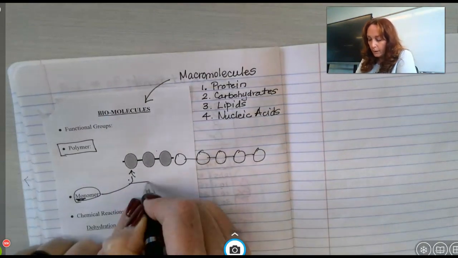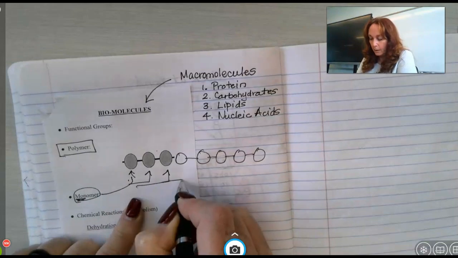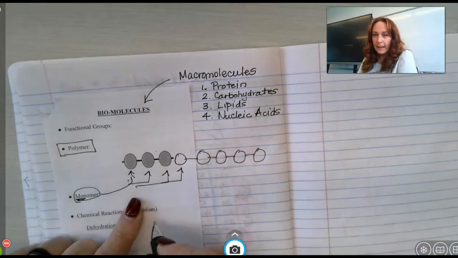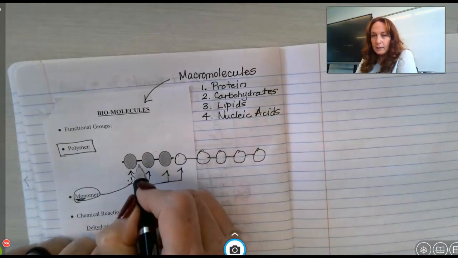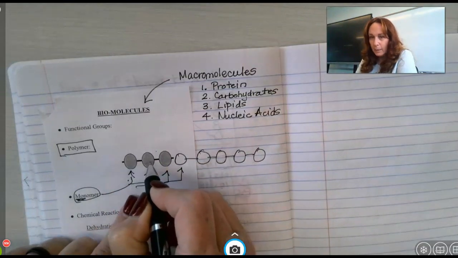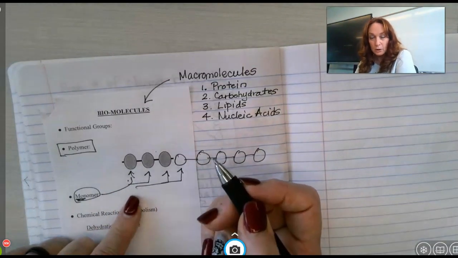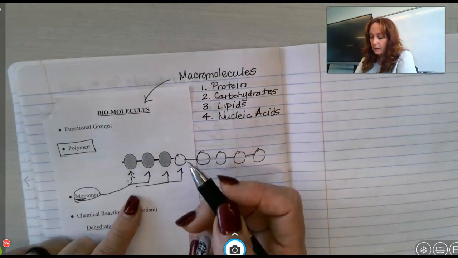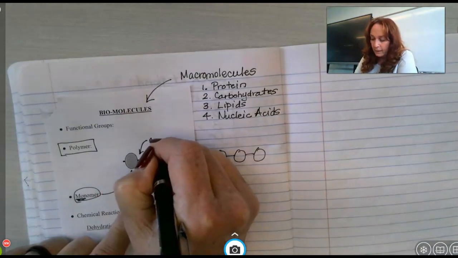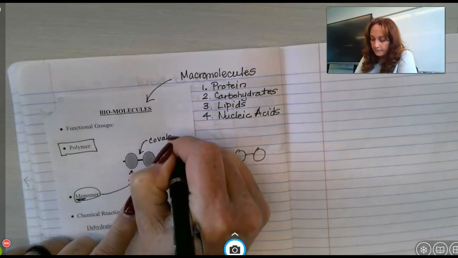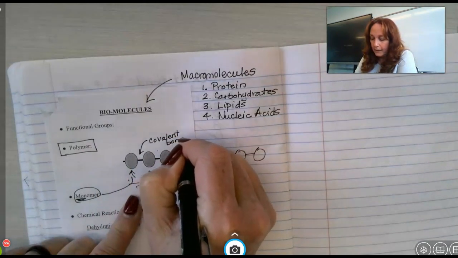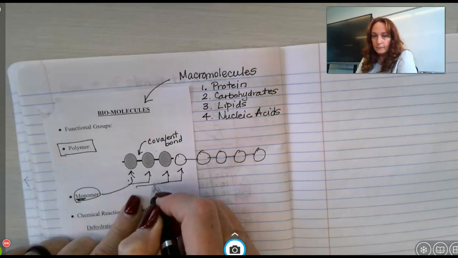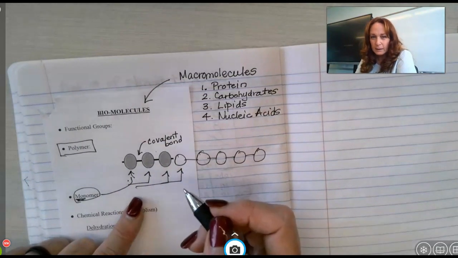Each one of these is a monomer, and they're created by covalently bonding. Not a big surprise, because we've talked about covalent bonds non-stop lately. So you're going to have a covalent bond between each monomer.